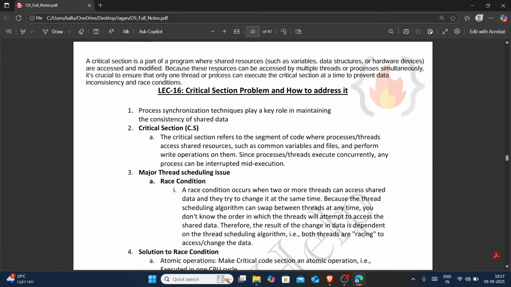So it may happen that B will update the shared critical section part before A. This leads to data inconsistencies. This is called a race condition. There is a shared resource and these threads are racing to access it, which may lead to data inconsistencies if not managed properly.